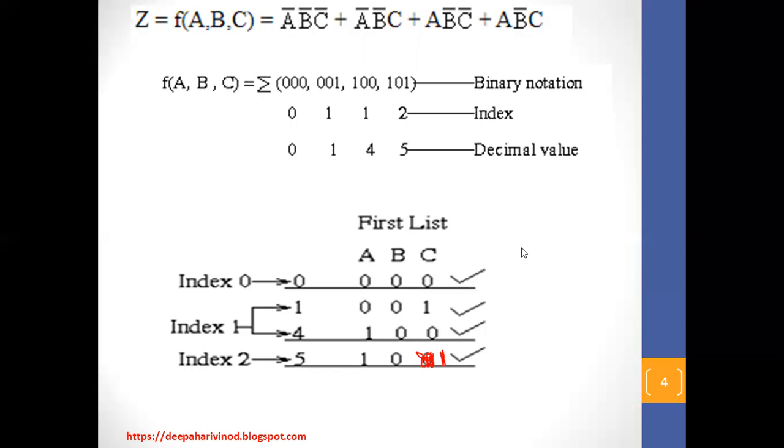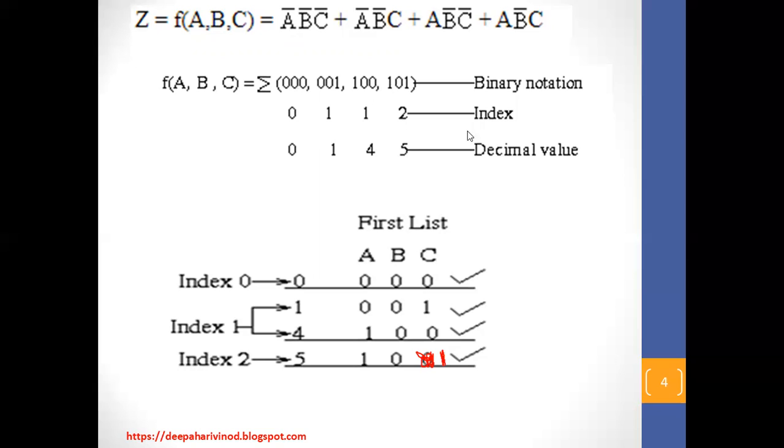So write down the binary equivalent, so you can identify it. The first one is 0, 1, 1. Next one is 1, 0, 0. It is 4, and 1, 0, 1. It is 5. That is the binary notation.